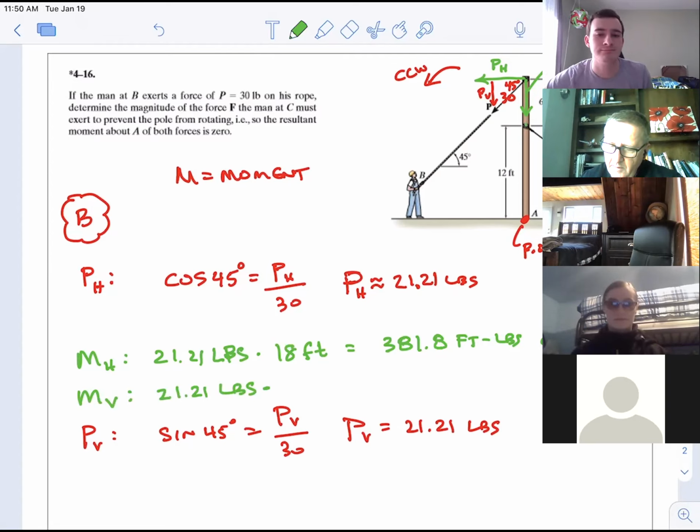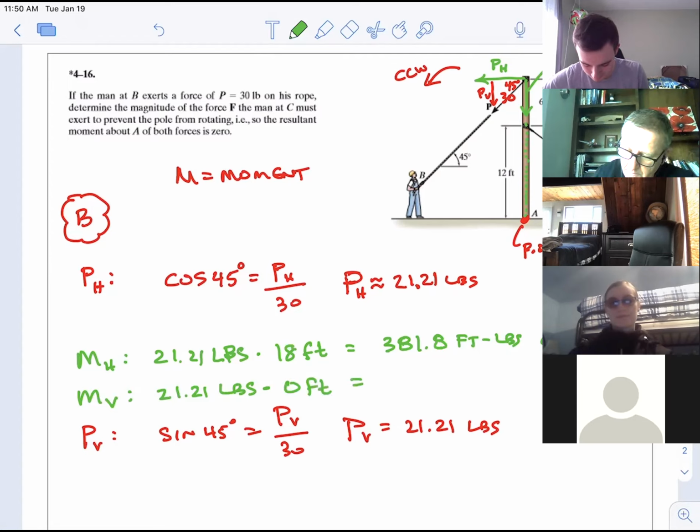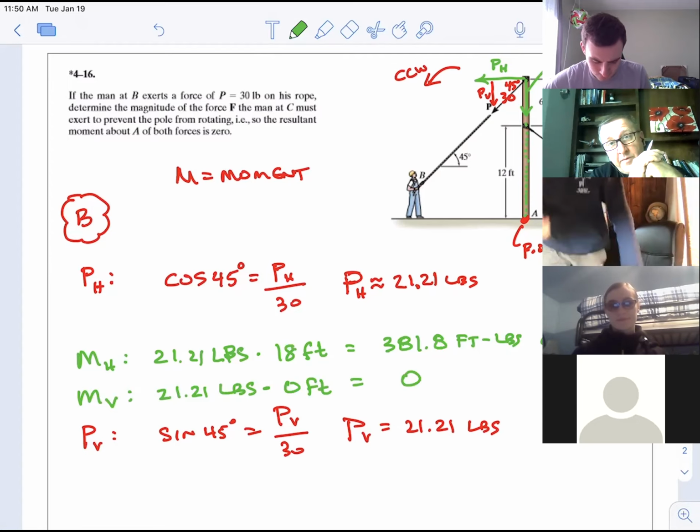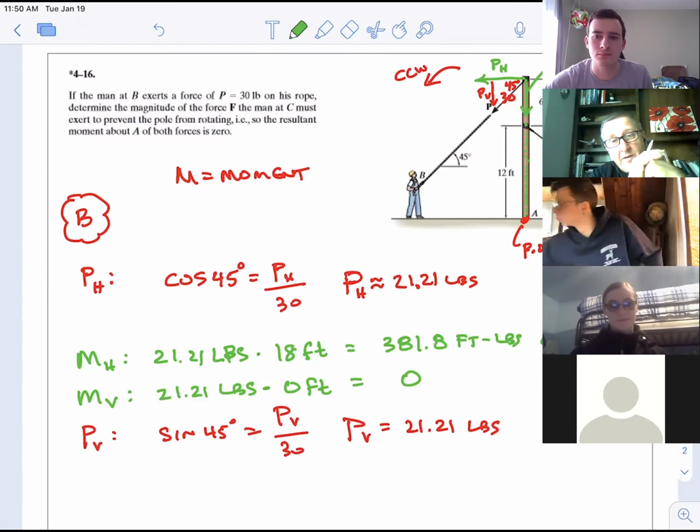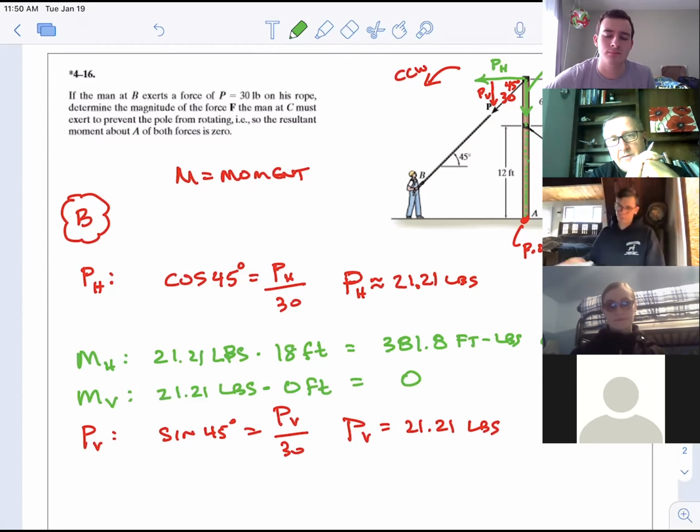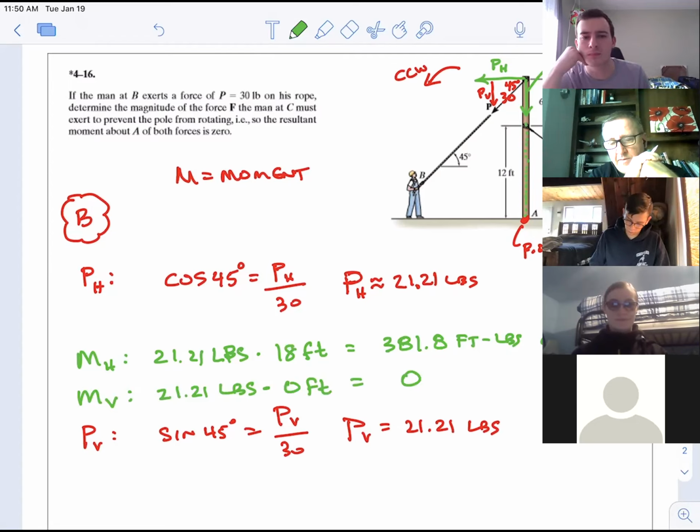Where is it pointing? It's pointing right at the point of rotation, which means there is no distance. So it's actually nothing, 0 feet. Now last time each contributed something, but this time that one's pointing right at it, so it doesn't make any difference. So you can now see, thanks to B guy down there, that pole wants to tip over to the left.